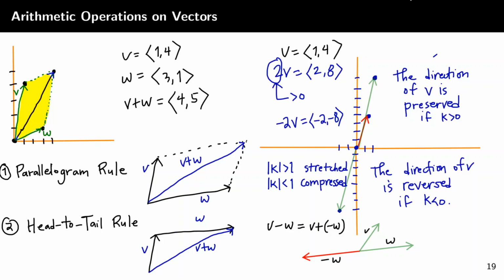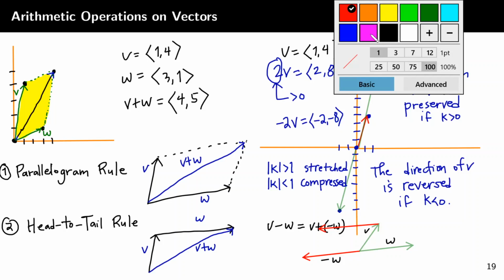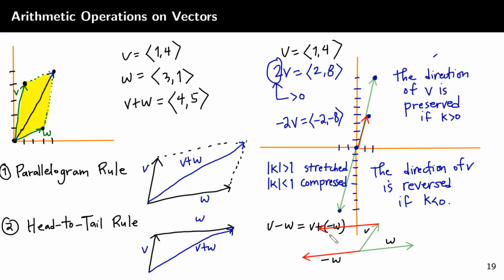So i-connect ko sa head ni v yung tail ni w. So ito ngayon yun. Therefore, the resulting vector is this. So this is now, itong purple vector na to is v minus w.